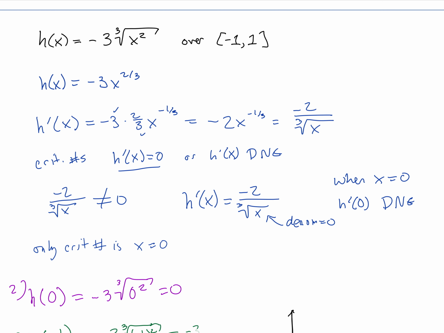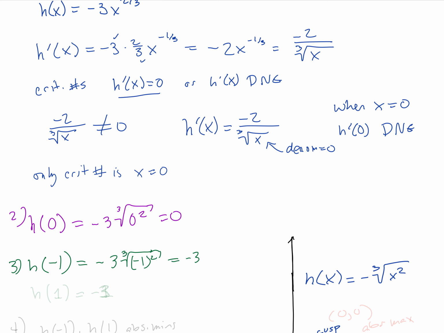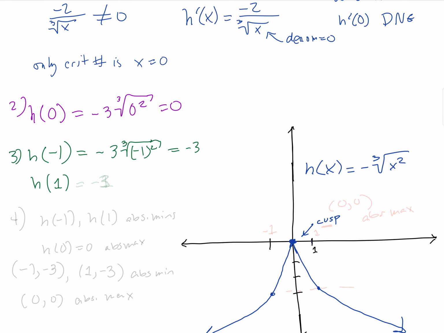That's negative 3 times a positive 1, which is just negative 3. Similarly, h of 1 will also be negative 3 because that negative 1 gets squared and then multiplied by negative 3. So we've evaluated h, the original function, at each of the critical numbers and endpoints.